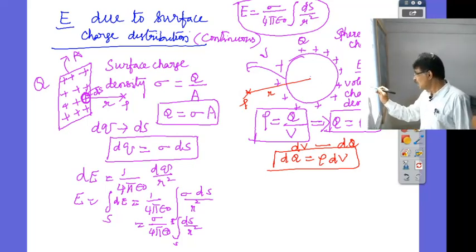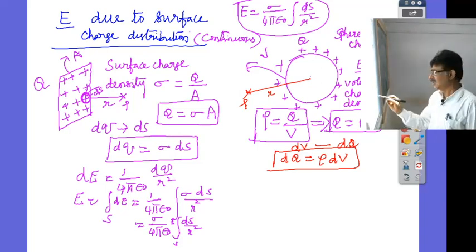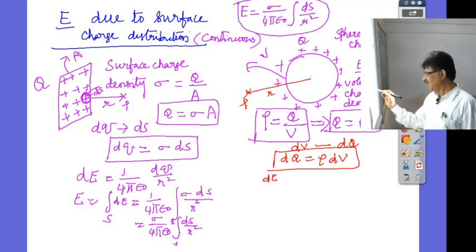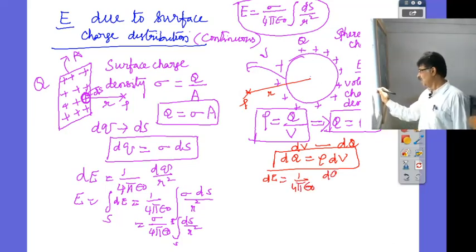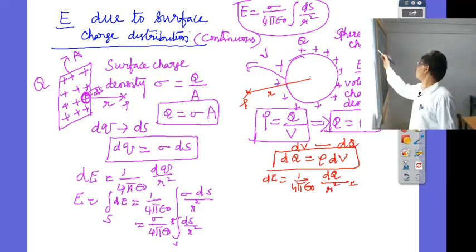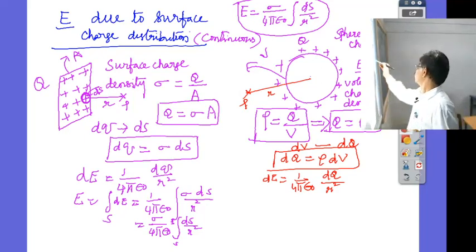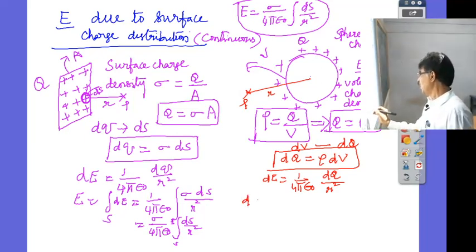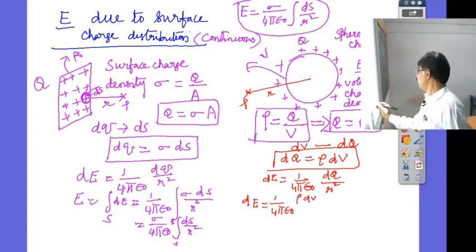And because of this small charge, which now acts as a point charge, the electric field dE is equal to 1 by 4 pi epsilon naught into dq by R square. Again you can write dE is equal to 1 by 4 pi epsilon naught rho dV by R square.